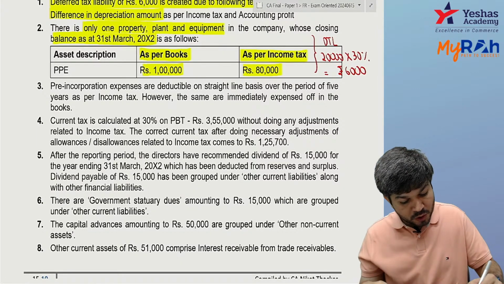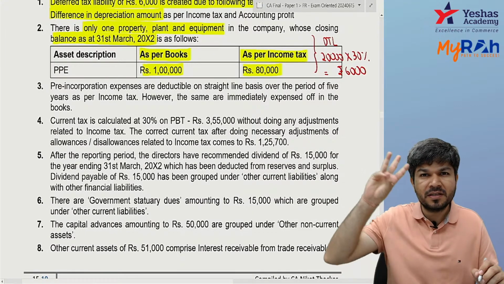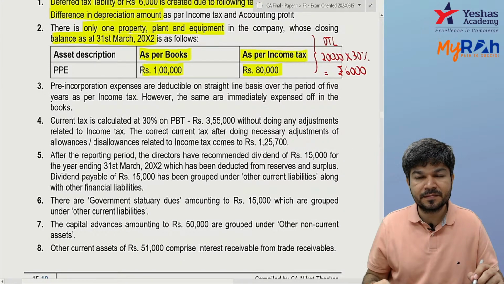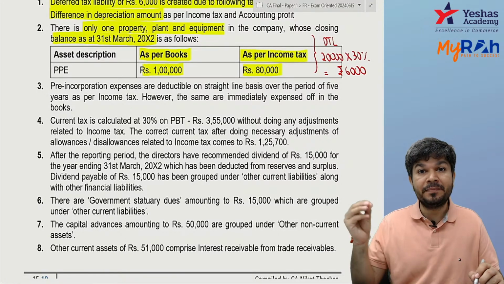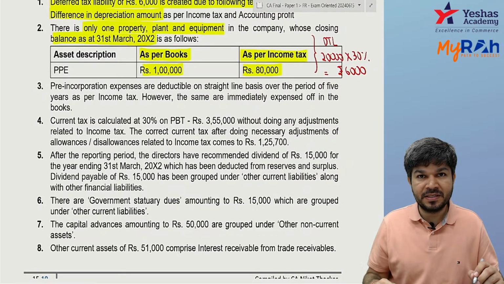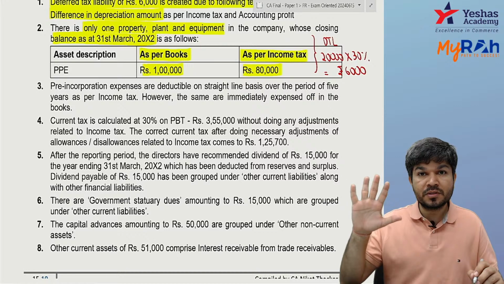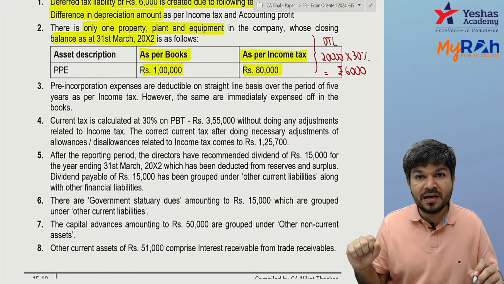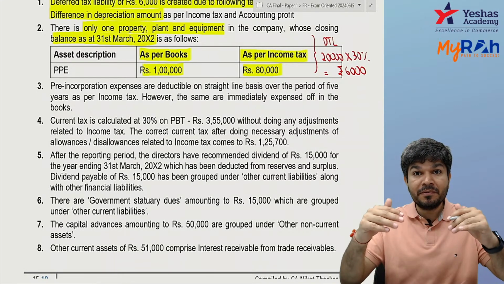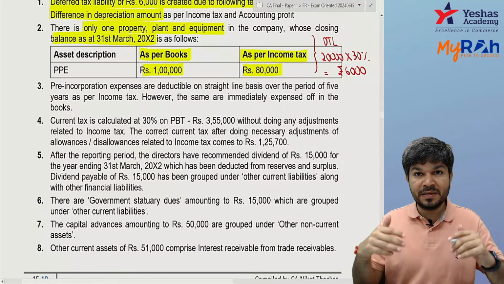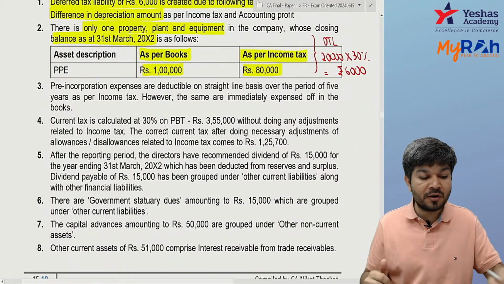Okay, now pre-incorporation expense. Remember the 30,000 rupee preliminary expense? That goes to P&L immediately. But in tax they are going to allow it over a period of 5 years. In books it is 30, in tax they allowed only 6. 24 they will be allowing later. Some expense they will allow later. Can I say in future I have to pay less tax?